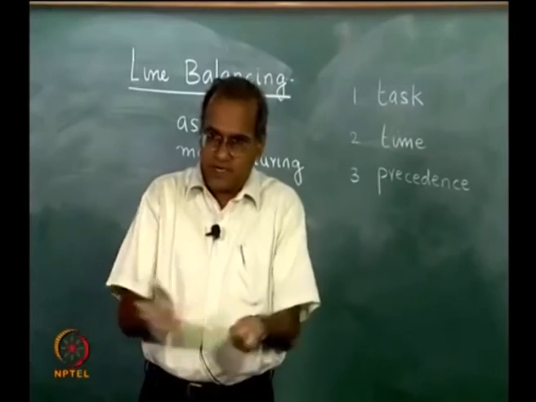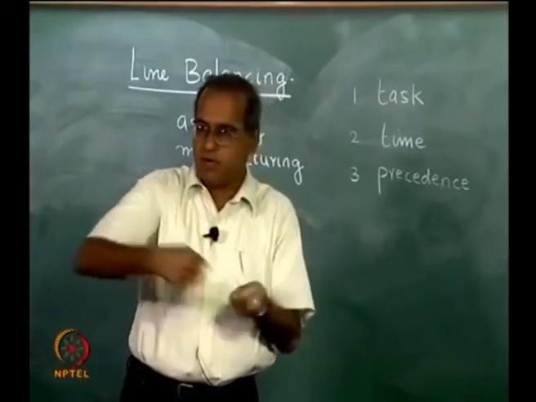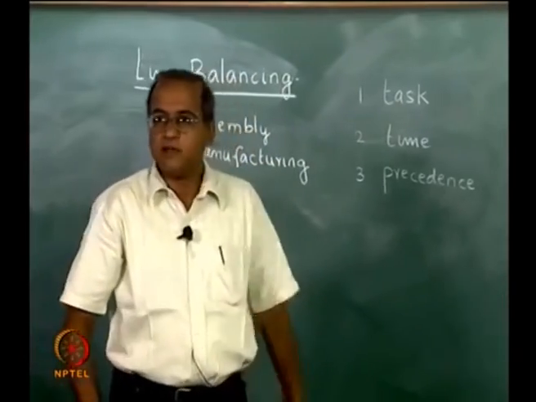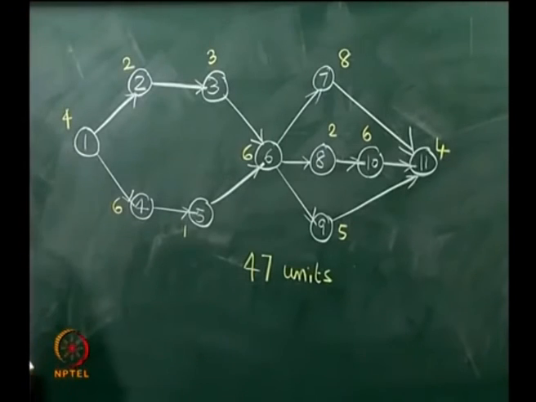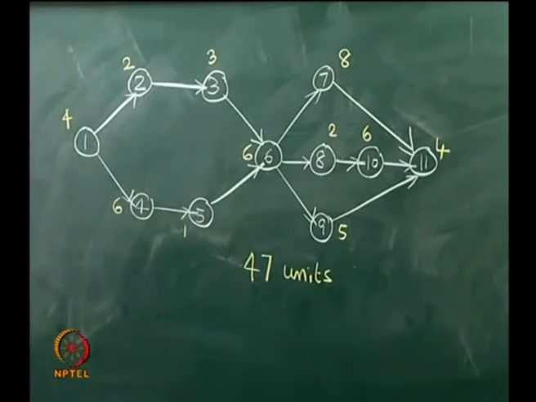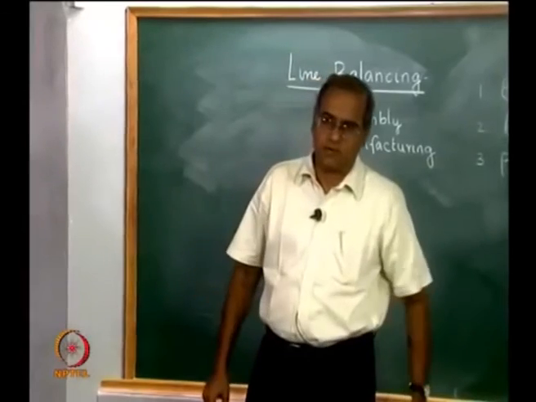So, if 2 operators sit and both assemble everything, then we would get 2 pieces in 47 time units, which means effectively 1 piece in 23 and a half time units. But that would involve, for example, if activity number 6 is a testing activity, creating 2 test benches with the same testing equipment.